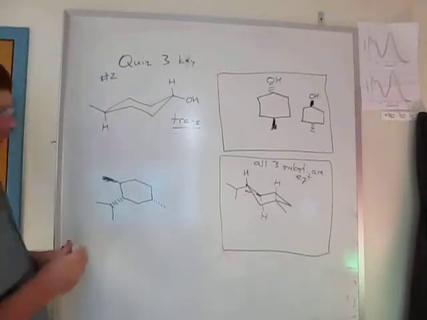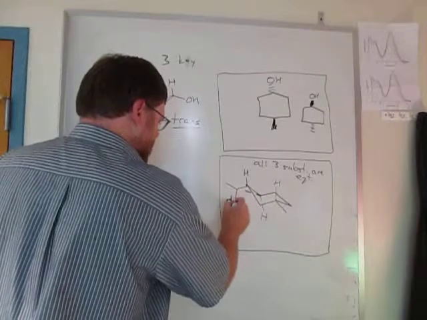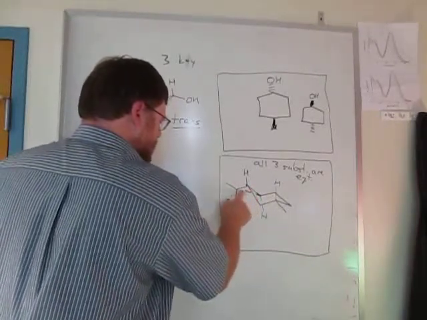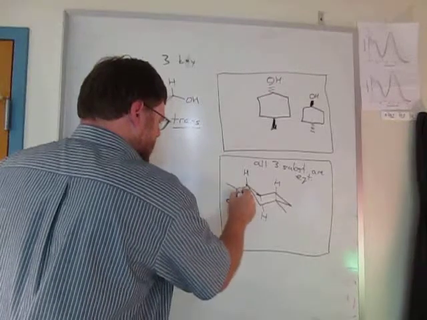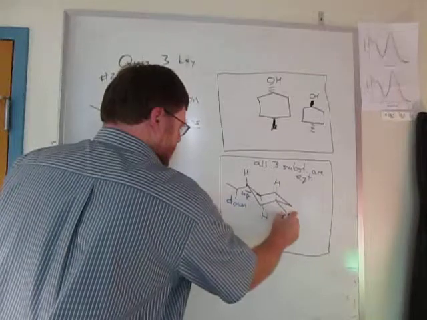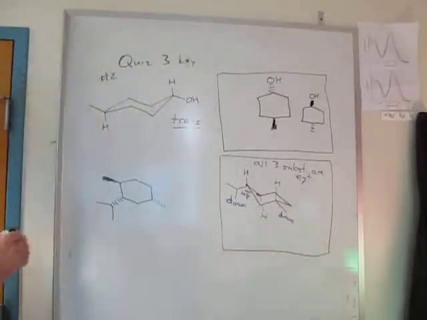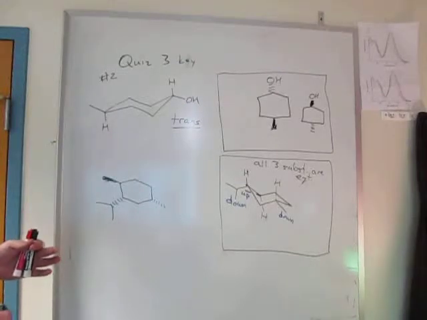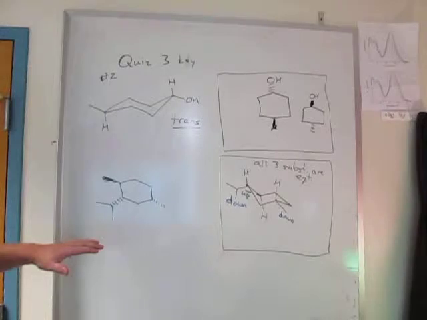Let me go through here and, all right, so that's down. That's up, and that is down. So again, cis-trans has nothing to do with axial or equatorial, because there are going to be 2 chairs to every cyclohexane.